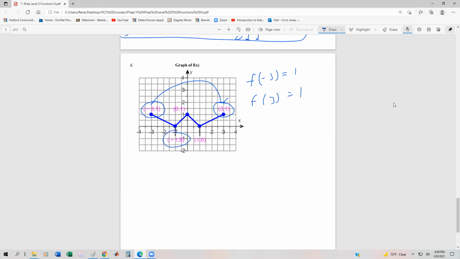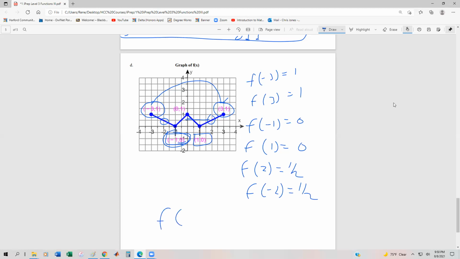Similarly, if we take a look at these other two values, we know that f at -1 is 0, and we also know that f at +1 is 0. And even if I were to pick this point right here, we could say that f at 2 is equal to a half, and f at -2 is also equal to a half.